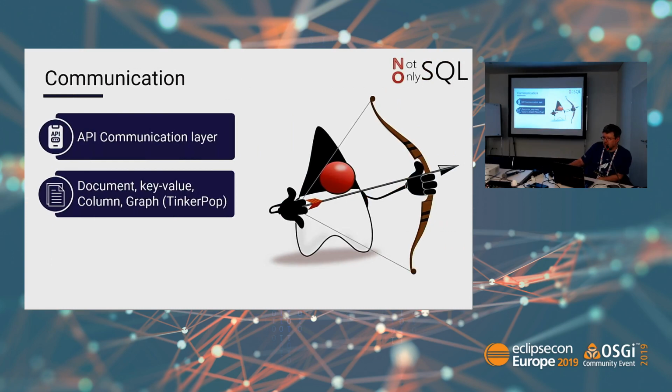It offers a communication layer and a mapping layer for particular types like document, key value, column, or graph. Especially for graph, it makes use of other established solutions, especially Apache Tinkerpop.